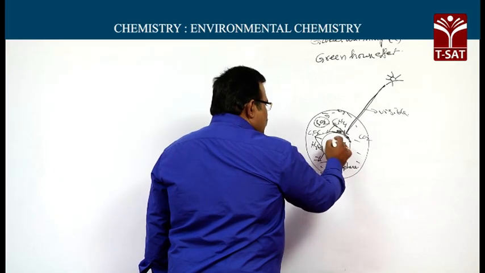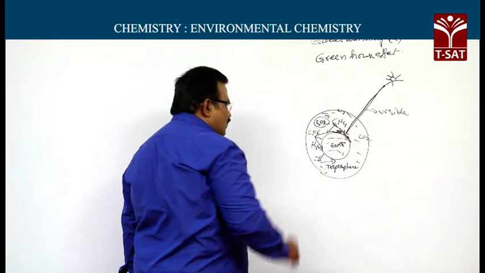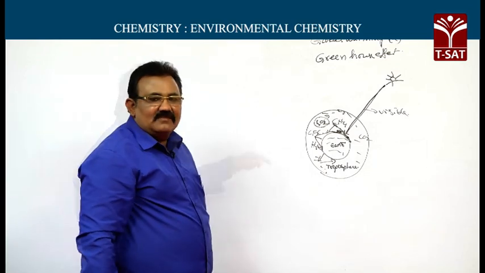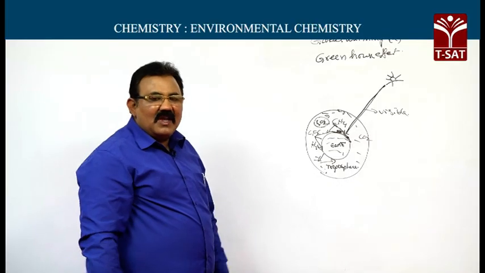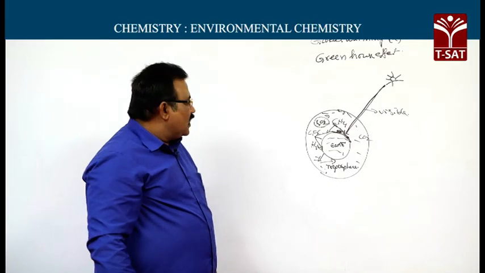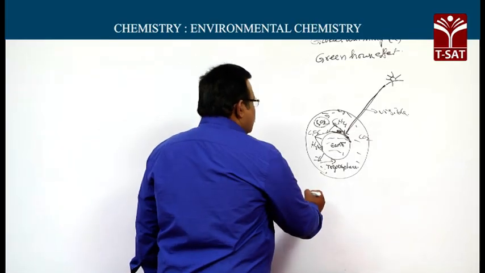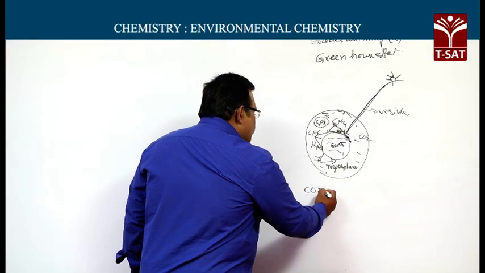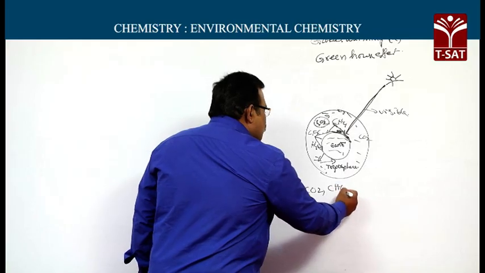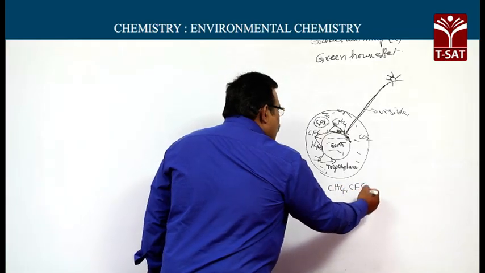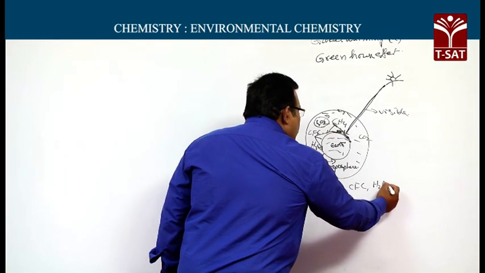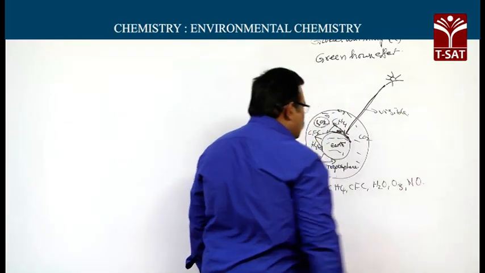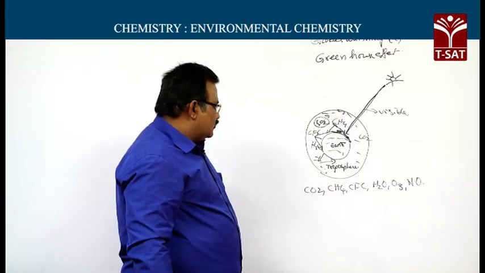As a result, the earth's temperature will be raised day by day. The progressive warming of the earth surface is because of the greenhouse affecting gases. What are greenhouse affecting gases? Carbon dioxide, methane, chlorofluorocarbons, water vapor, ozone, and nitrogen oxide.